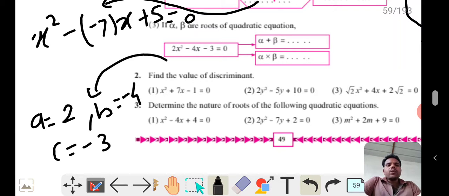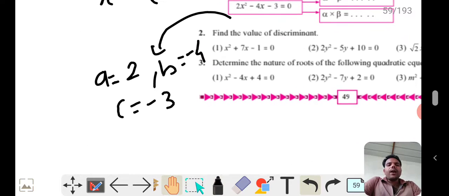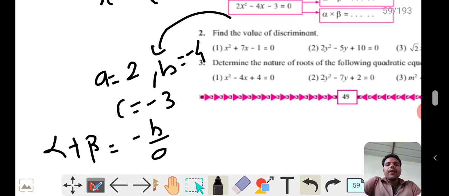We know the formula that alpha plus beta is equal to minus b by a. So here minus b is minus of minus 4, and a is 2.